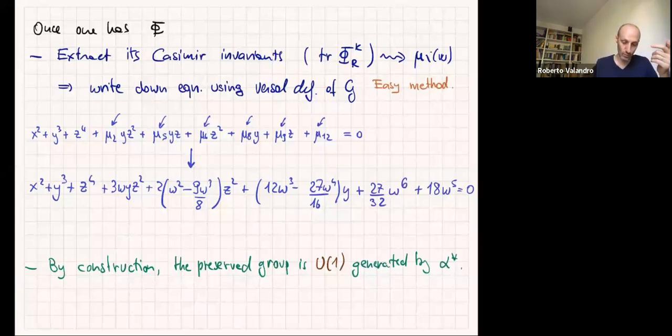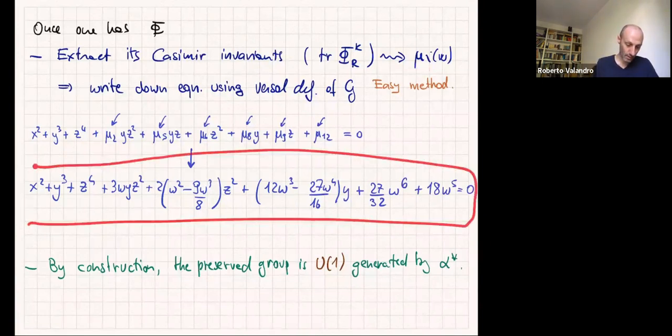And the way you do it is to write this mu in terms of this Casimir of phi that depends on W and plug in the Versal deformation. And we worked out an easy method to do this, contrary to previous methods like the very bright but involved method originally introduced by Katz and Morrison. And you get this equation.